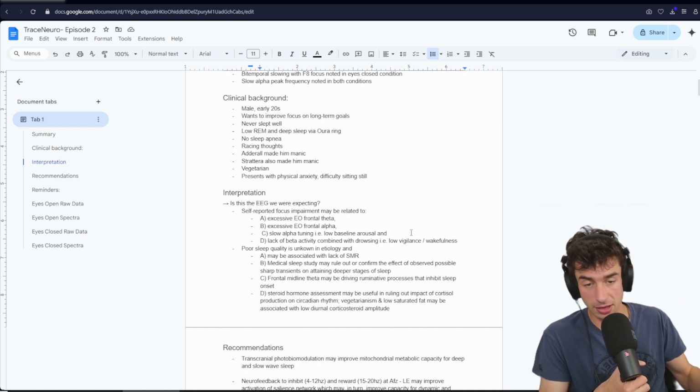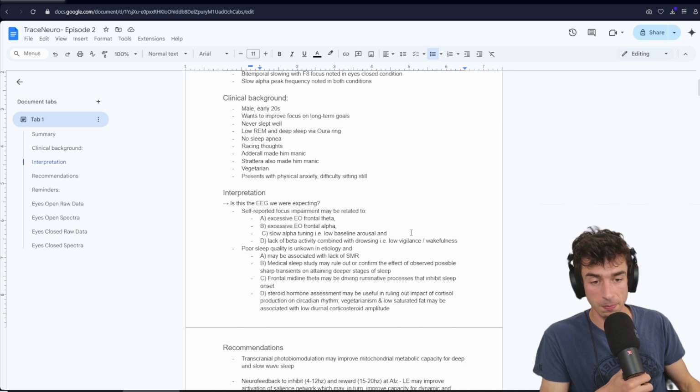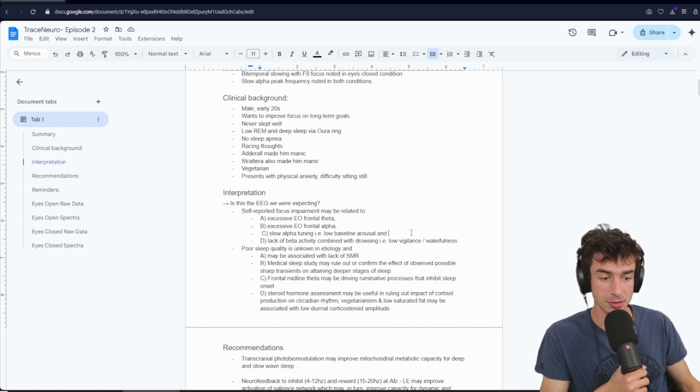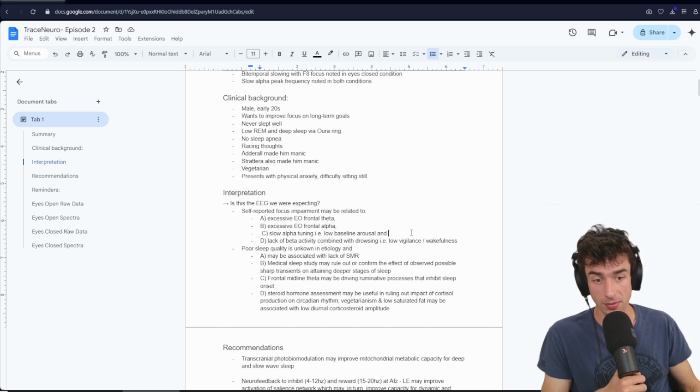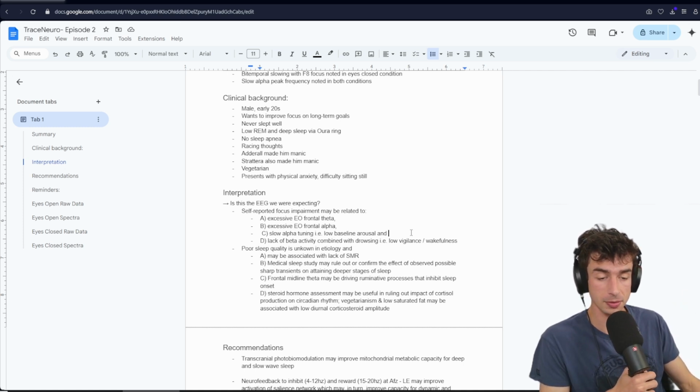The 9 hertz alpha peak, we could tune that up a little bit to help with a sense of mental clarity and energization. And I think also just the lack of beta activity in the eyes open is a sign that there is a low baseline level of wakefulness or vigilance.